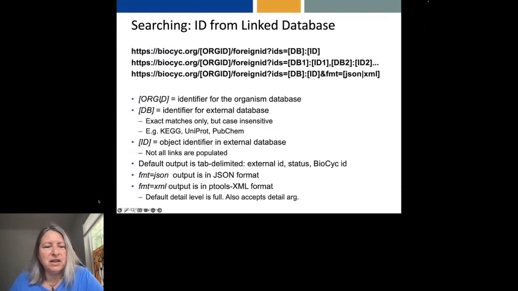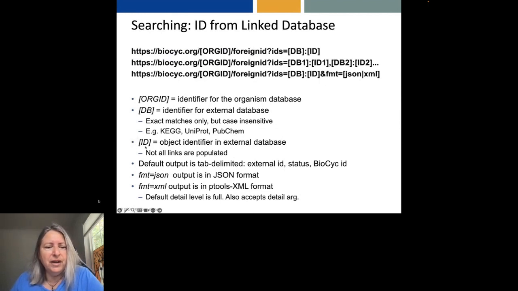So again, you need to specify which organism you're looking at. You need an identifier for the external database, for example, KEGG, UniProt, PubChem. I'm not sure where we have a full list of the databases, but I can find that out if people need to know that.